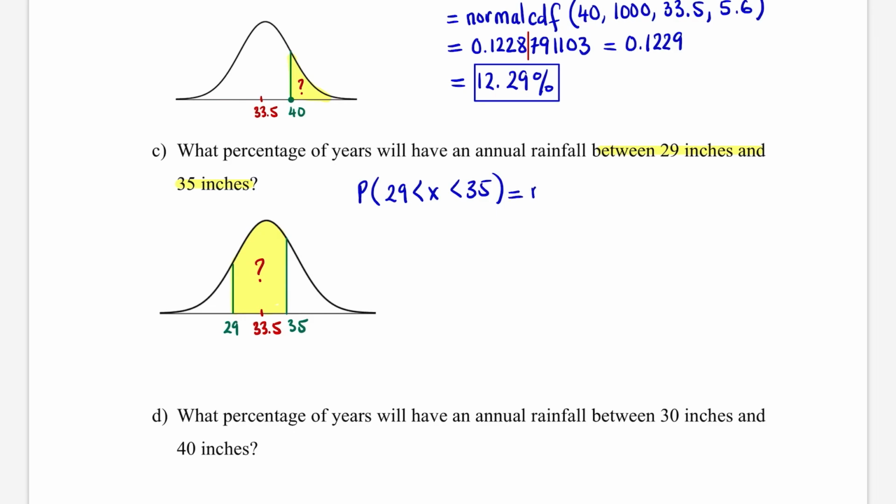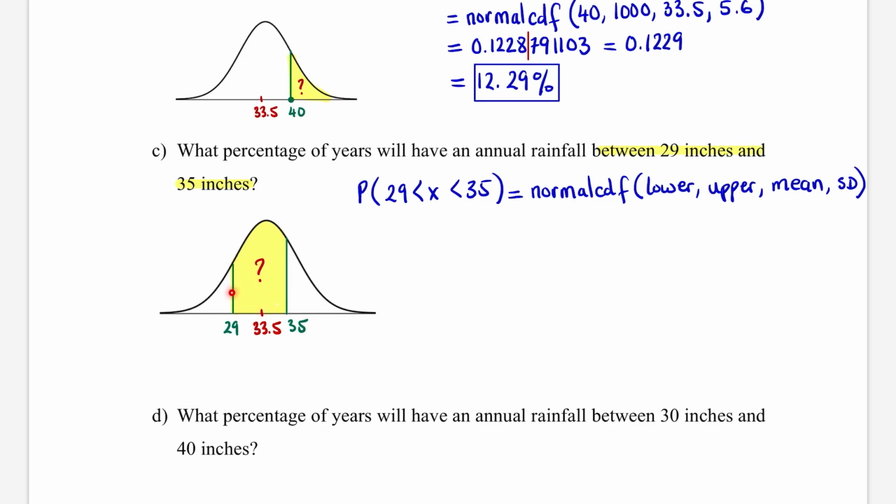I'll still use the normal CDF with lower bound, upper bound, mean, and standard deviation. Lower bound and upper bound are the boundaries of my shaded region. So this is my shaded region here.